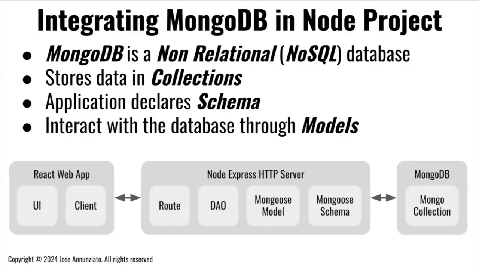Another thing that's going to be somewhat new is that typically with relational databases, the very first thing that you do is create a schema, or you configure what the table looks like. What are the fields, the data types? In non-relational databases, we don't do that on the database itself.